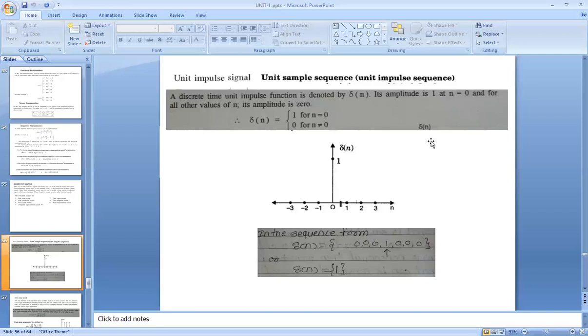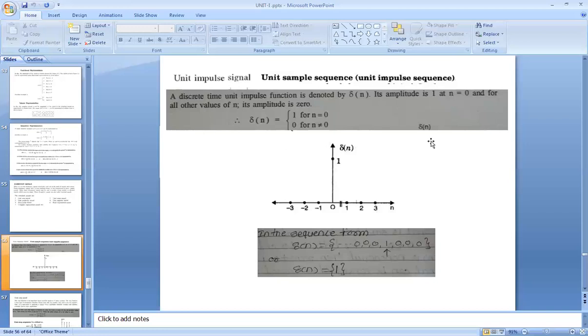Here an arrow mark is given over the one only. It is the origin point. You can write this sequence in finite form as del of n is equal to 1, and the above form is an infinite form. So this is about the unit impulse signal.